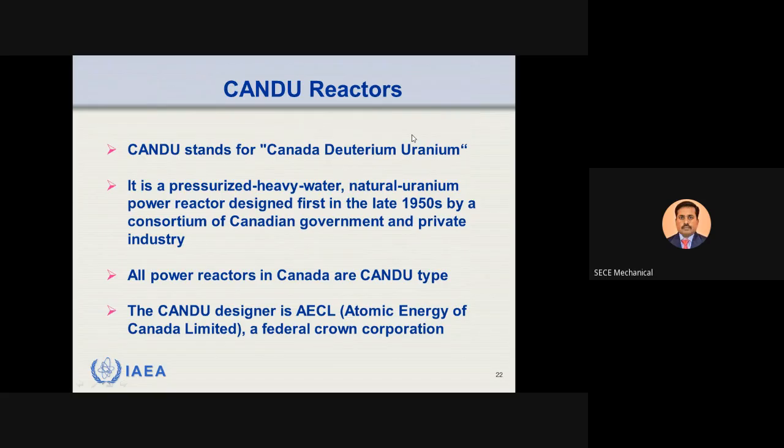Our Atomic Energy of Canada, and in India at Kudankulam, they are using Canadian designs, and with the help of that they started the CANDU projects. So CANDU is Canada Deuterium Uranium, a type of reactor.